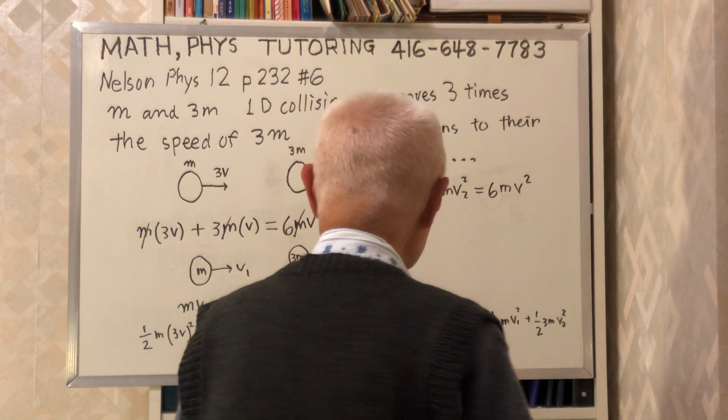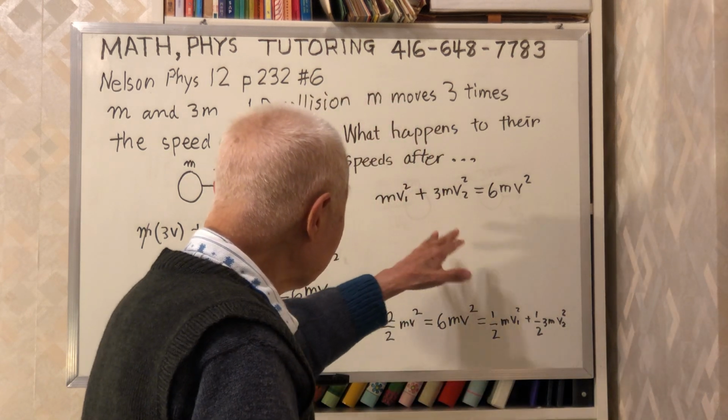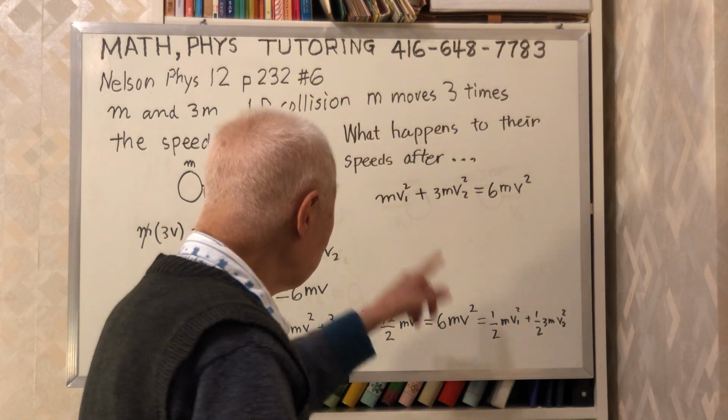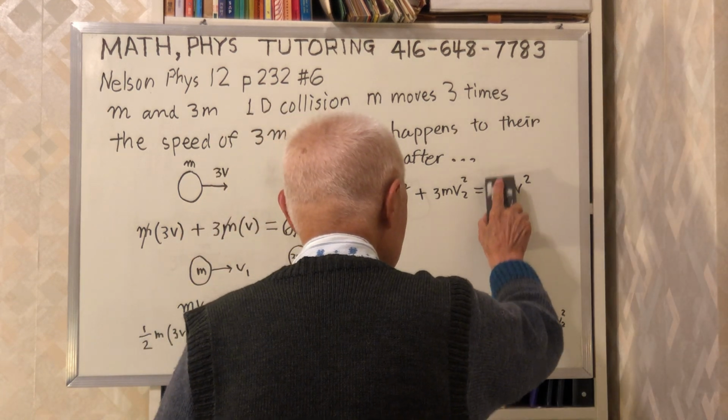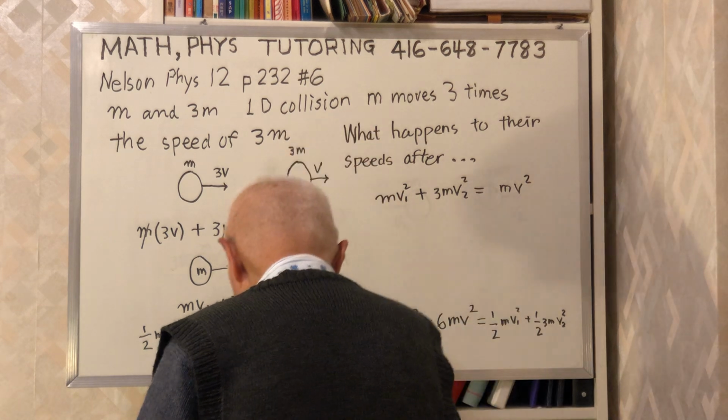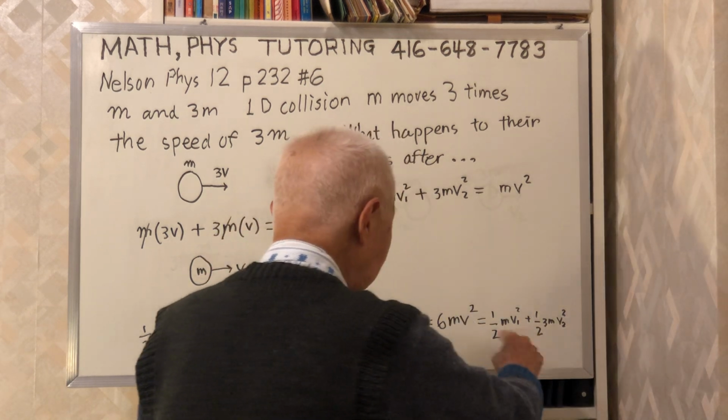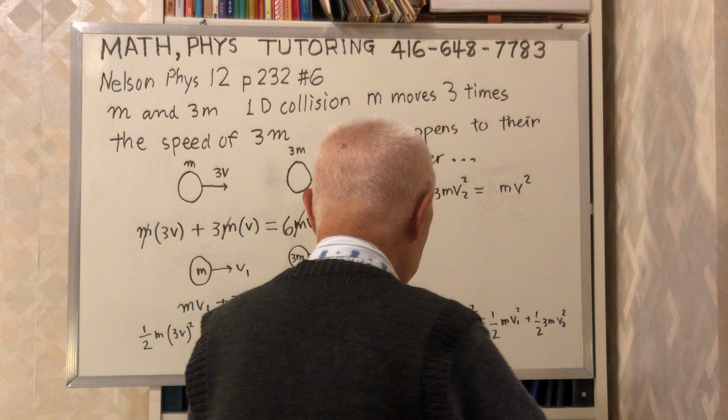All right. That's the relation after collision. So I multiply, oh, sorry, it's not 6. I multiply 2, so this becomes 12.